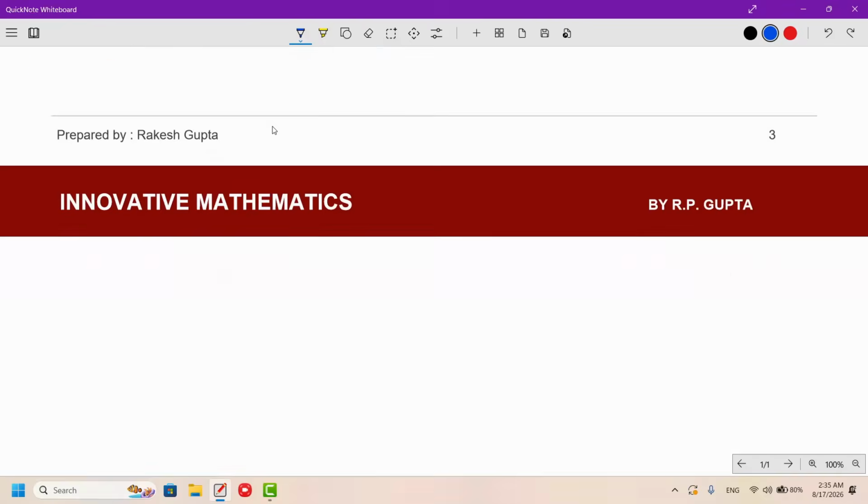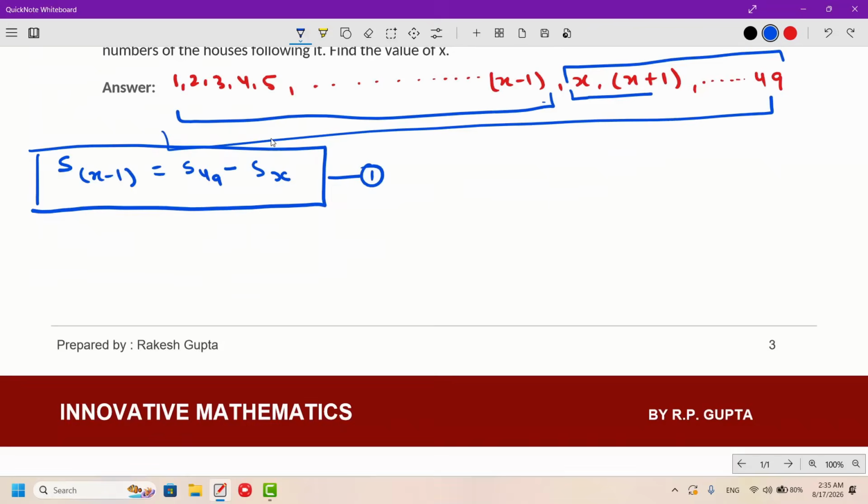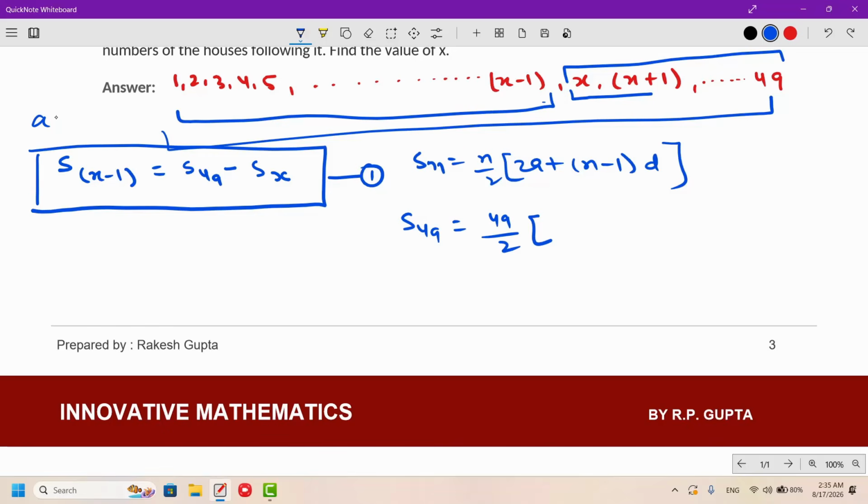First of all, find their value. Using formula Sn equals n by 2 into (2a plus (n minus 1) into d). So S49 is equal to 49 by 2 into, here a is 1 and d is also 1.